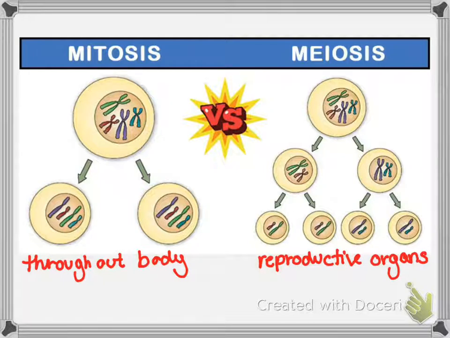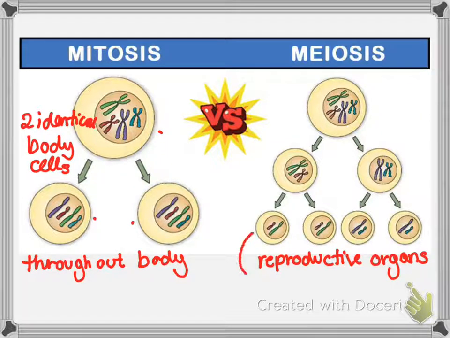The purpose of mitosis, we're going to take one cell here, and we're going to divide it to make 2 identical cells. So the purpose is to create 2 identical body cells. Now, in meiosis, what we're going to result in is not 2 cells.